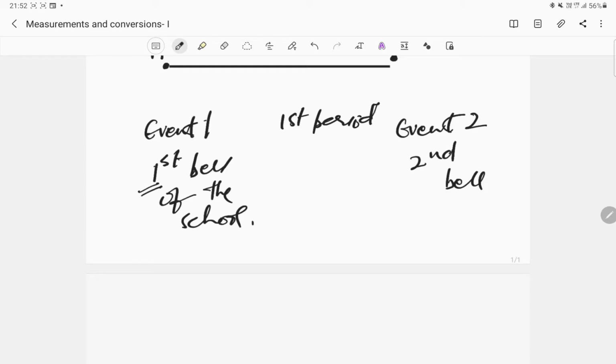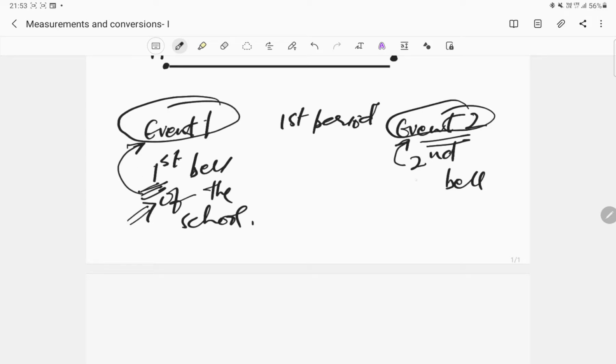Now how far is the first bell, which is the first event, from the second bell, which is the second event? So what was the first event? The ringing of the first bell. What is the second event? The ringing of the second bell. And what is the distance between the first event and the second event?